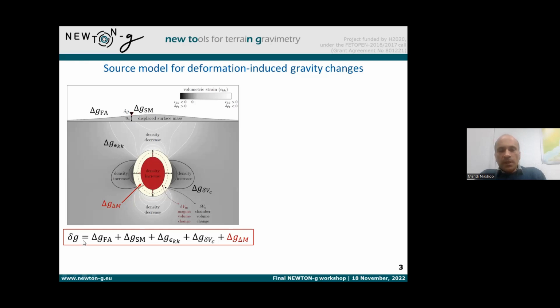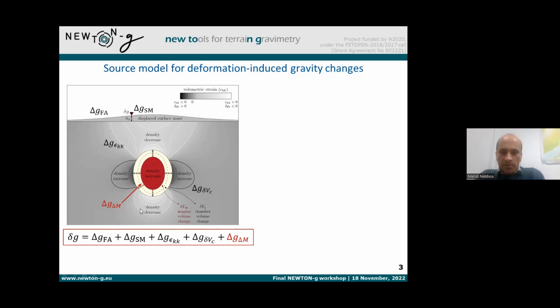So the different contributions have been listed here. Of course, the main contribution is from the fluids that are injected into the magma chamber, represented by this delta G delta M, the red term here.